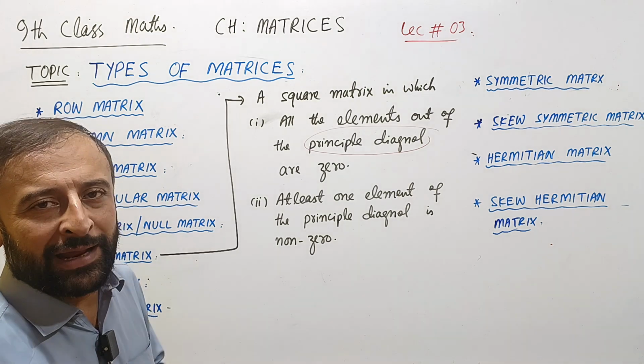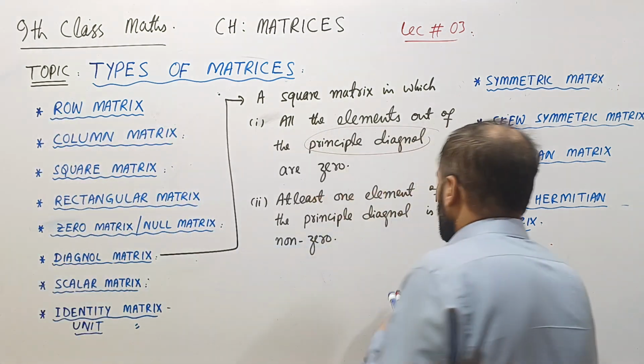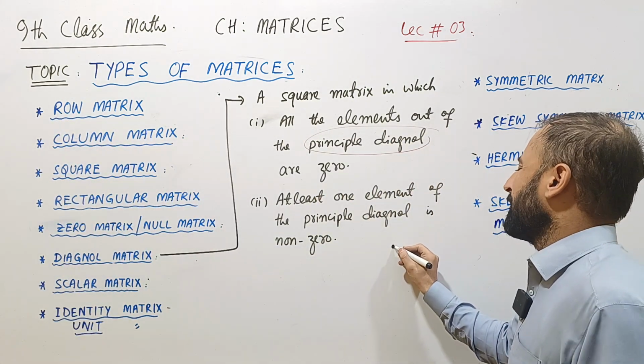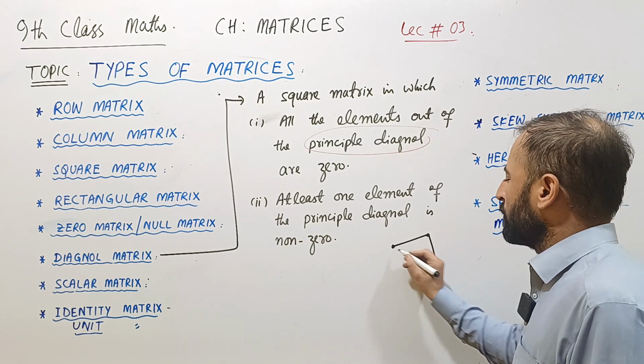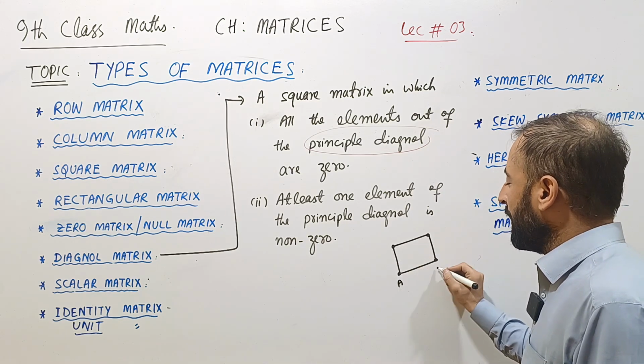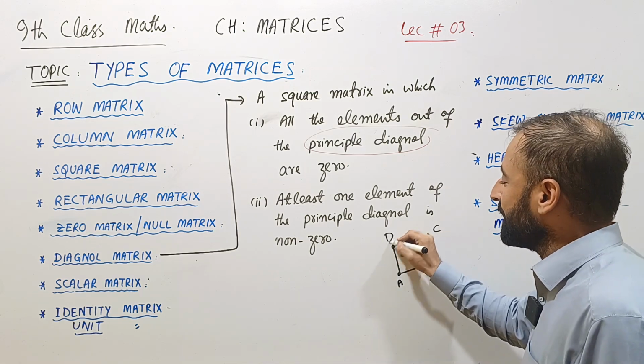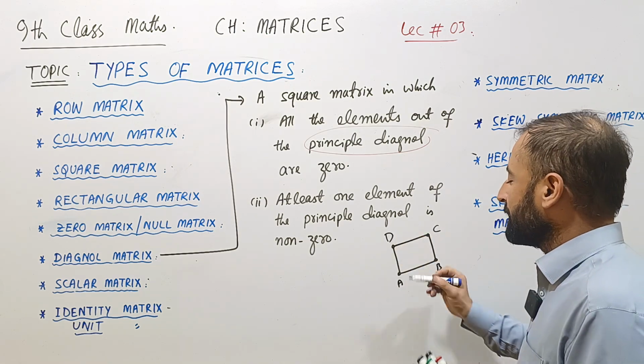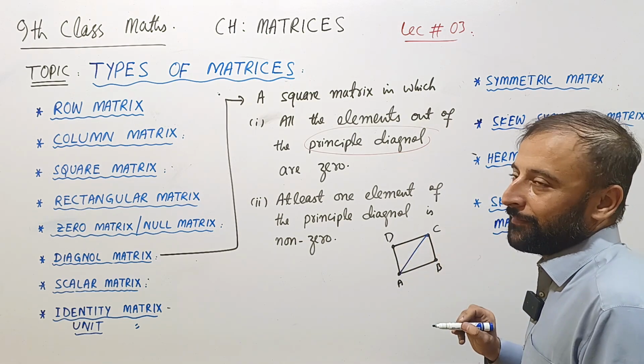What is meant by diagonal? In general life, if we have a closed figure, let's remain limited to a four-sided figure like this, when we join a corner to the opposite corner, it is called a diagonal.